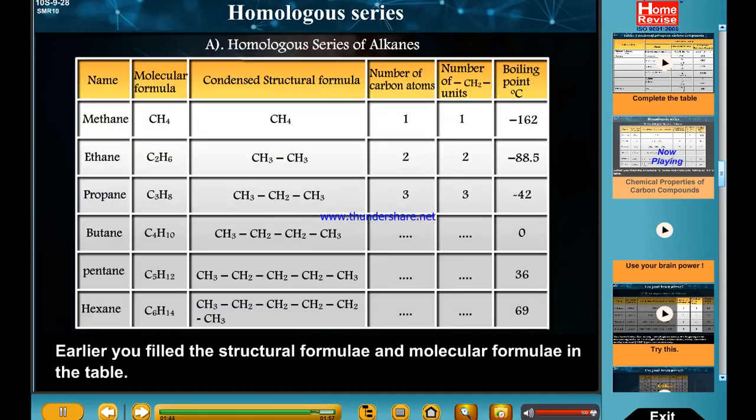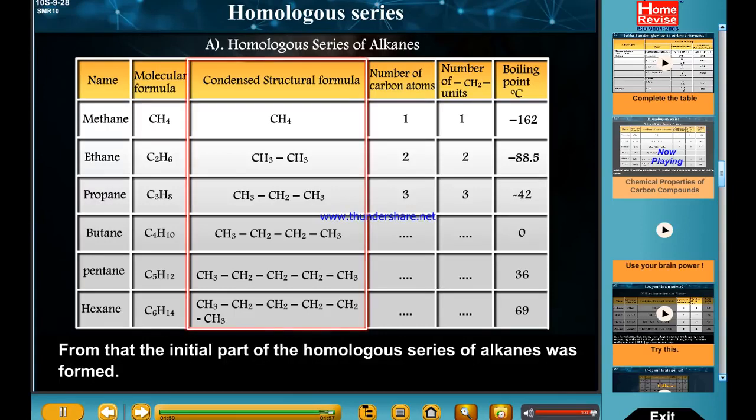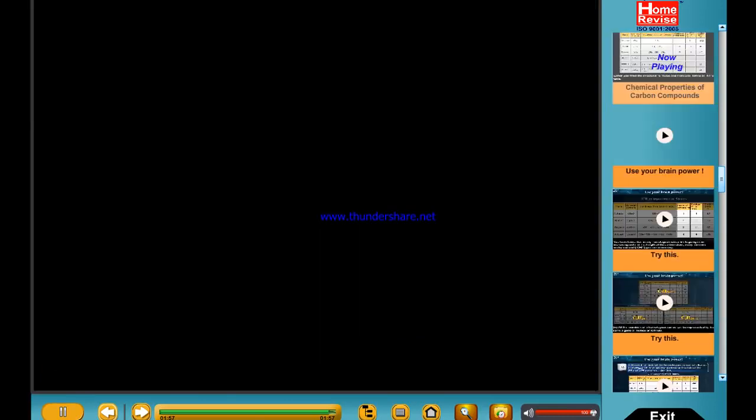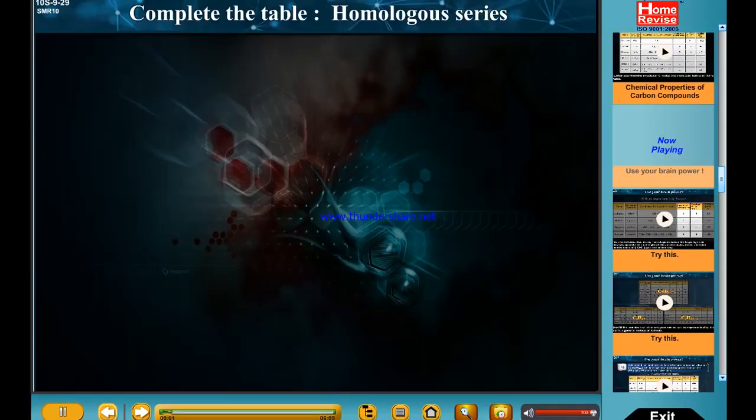Earlier, you filled the structural formulae and molecular formulae in the table. From that, the initial part of the homologous series of alkanes was formed. Complete the table.